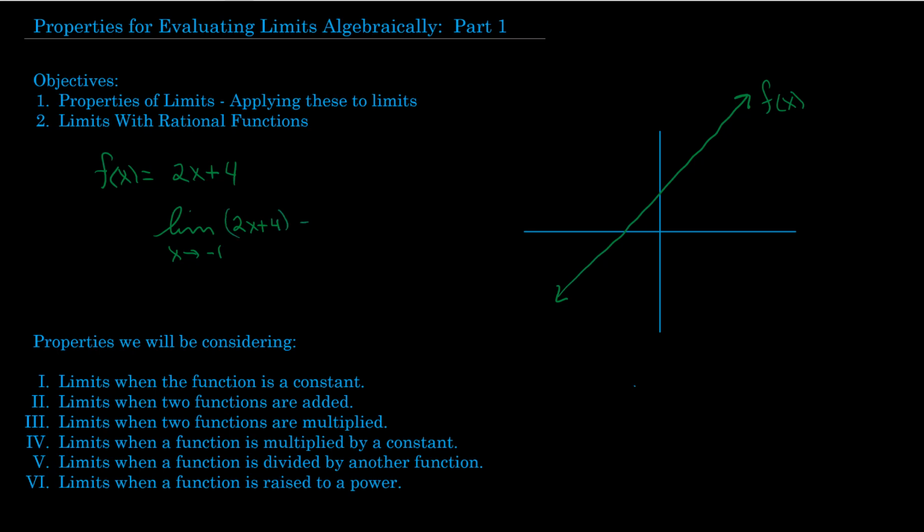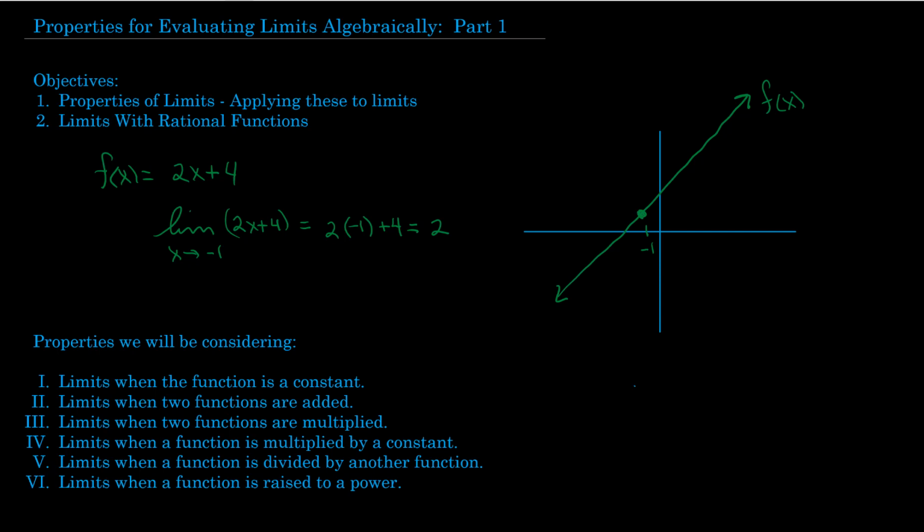Because the function is continuous, it is perfectly legal to just substitute in the value of x that we want to evaluate at. And what winds up being the case is as x approaches a value of -1, the limit, the y value, approaches a value of 2. If we look at this graph, let's say right about here is -1.